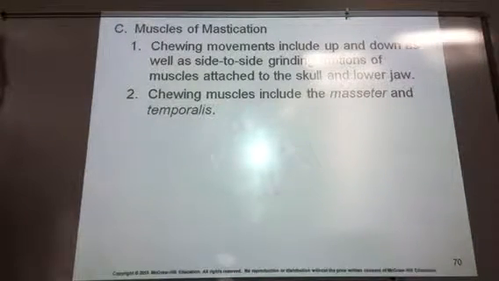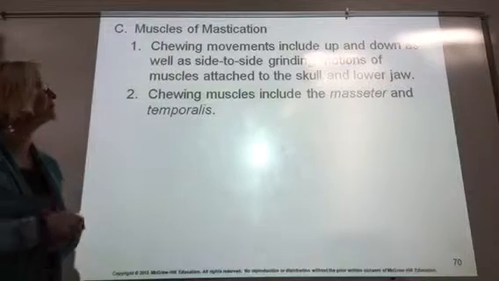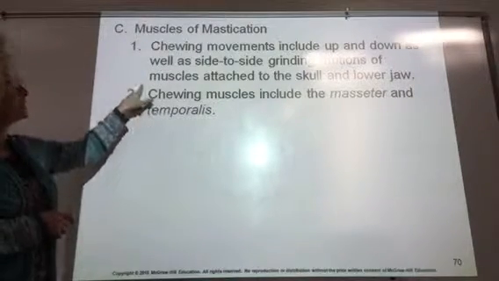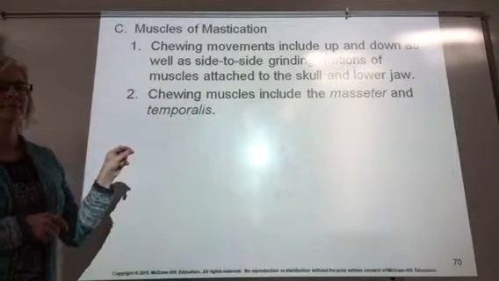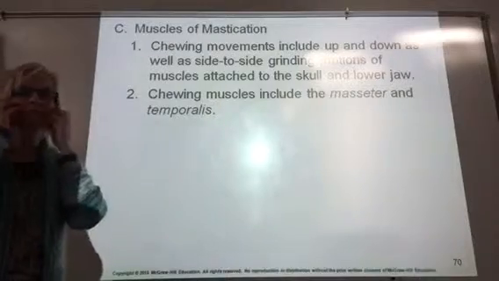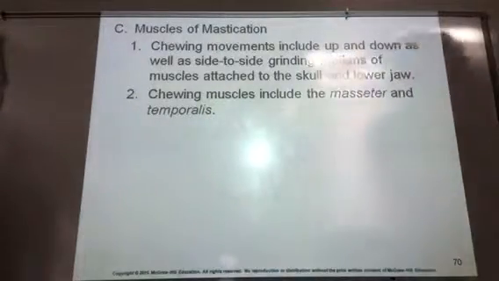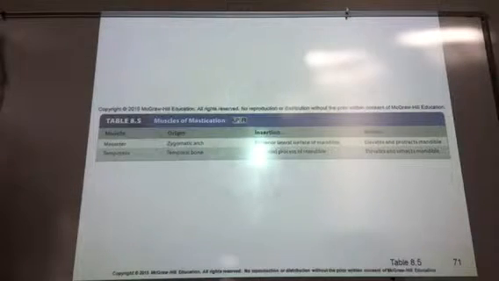Mastication deals with eating. So chewing movements include up and down, side to side as you're chewing on your food. Grinding motions. Chewing muscles include the masseter and the temporalis. So like I said, the masseter, you can feel that in your cheek when you clench your teeth very easily.